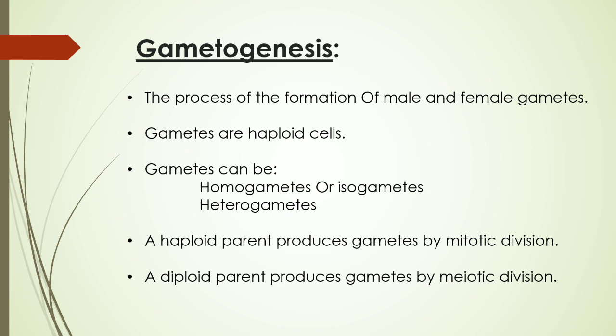A haploid parent produces gametes by mitotic division, while a diploid parent produces gametes by meiotic division.